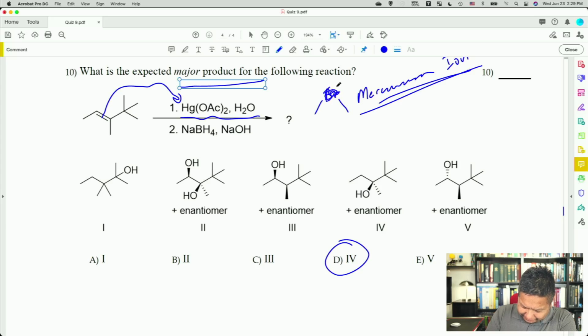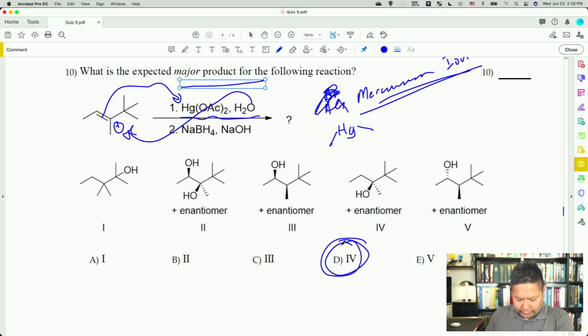That is so weird. Hg. Let me draw that again. There we go. And so your carbocation will be right here, and then your water can go over and do a nucleophilic attack on that carbocation. So that's why the correct one is structure 4, or D.